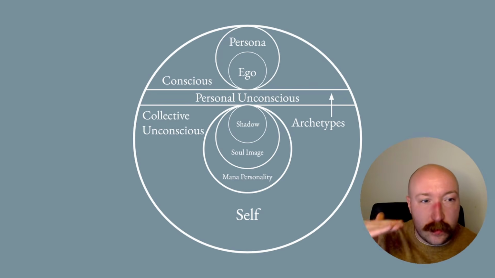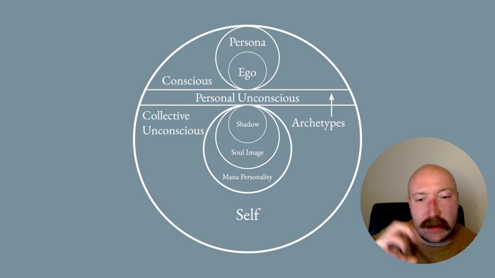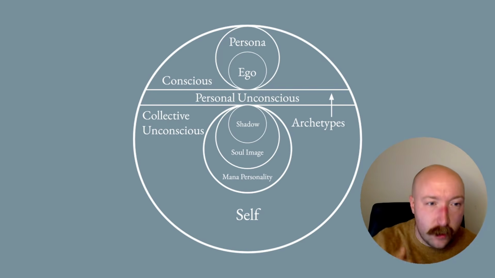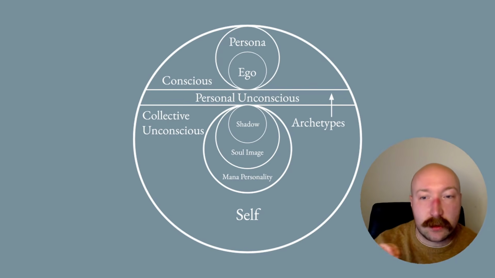Then when things become more deeply unconscious, we could say, we have the collective unconscious inherent in the psyche. Now, within that, we have the shadow, which is kind of the inverted opposite dark forces of ourselves. It's a bit rough and ready right now. And then the archetypes from the collective unconscious can come through to our personal unconscious. And we also have the soul image and the man of personality, which we'll get to later on.